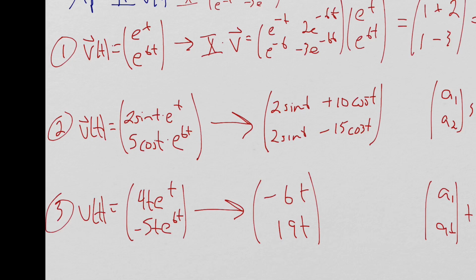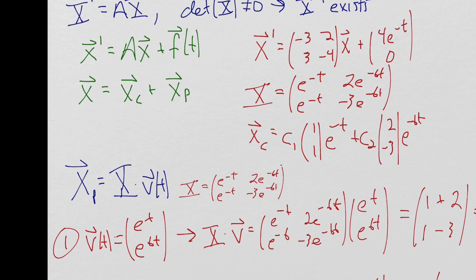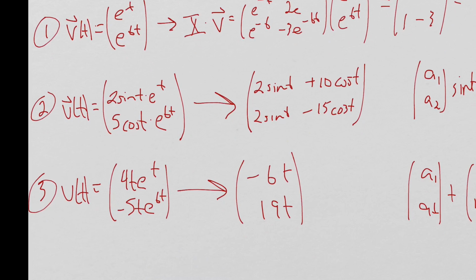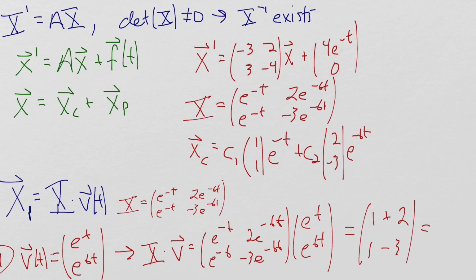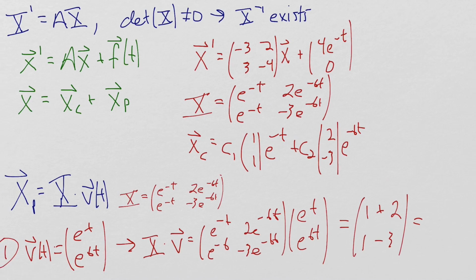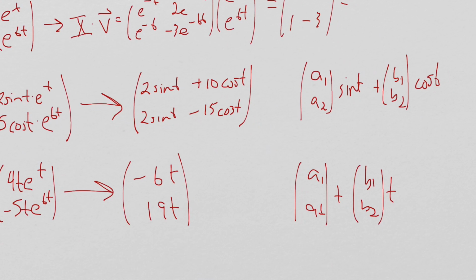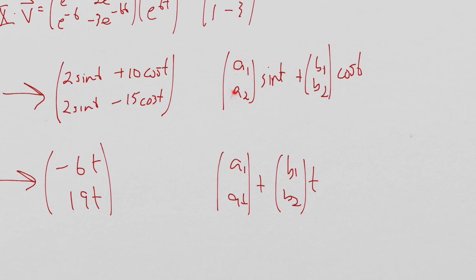What I want you to see is that if I was asking you to do undetermined coefficients for this problem with a different forcing function right here, say I gave you something with a sine or a cosine, well, you would do a1, a2, b1, b2 with the sine and the cosine using undetermined coefficients.